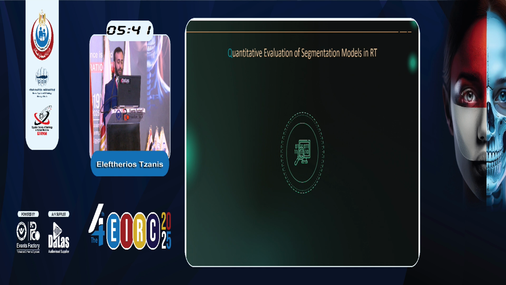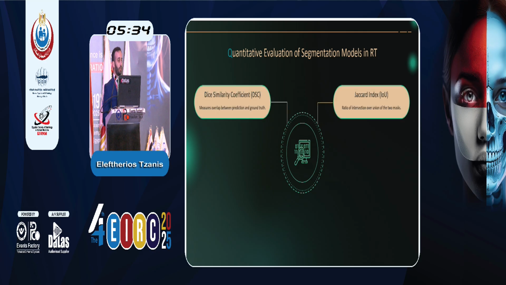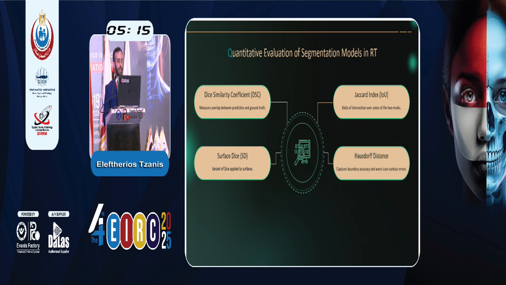The first part, the quantitative evaluation, includes all the appropriate evaluation metrics. The Dice similarity coefficient and Jaccard index calculate how well the predicted mask overlaps with the ground truth mask. The surface Dice calculates the boundary errors, as well as Hausdorff distance catches the worst boundary errors.